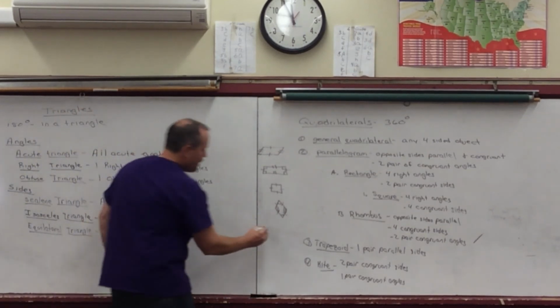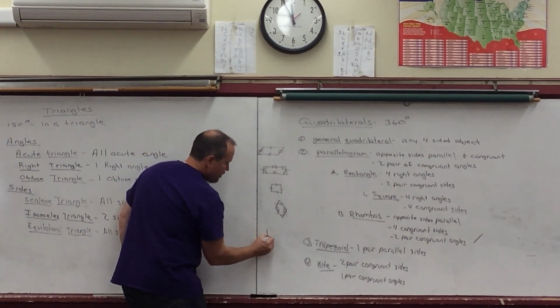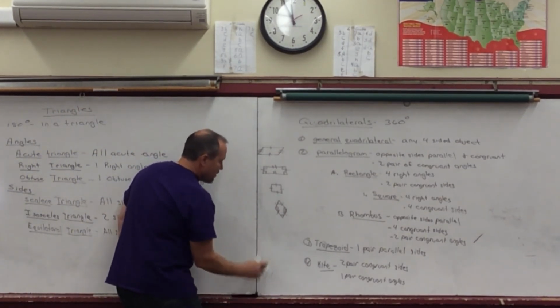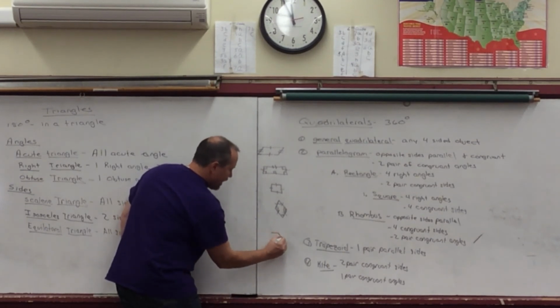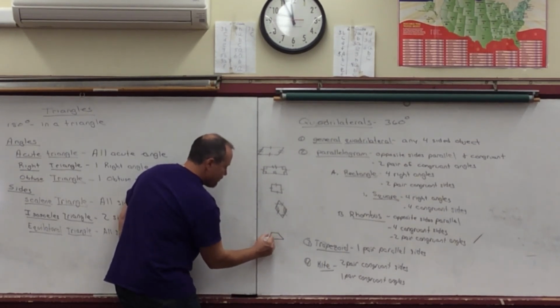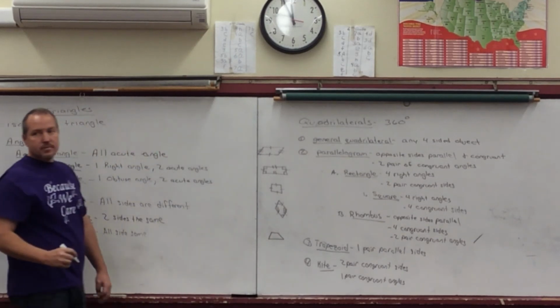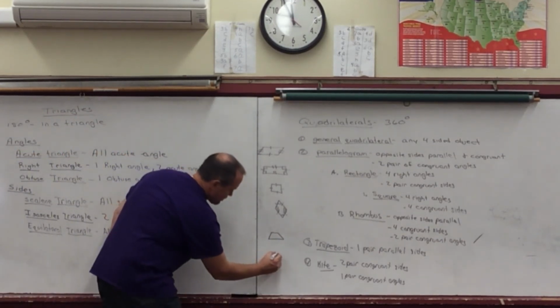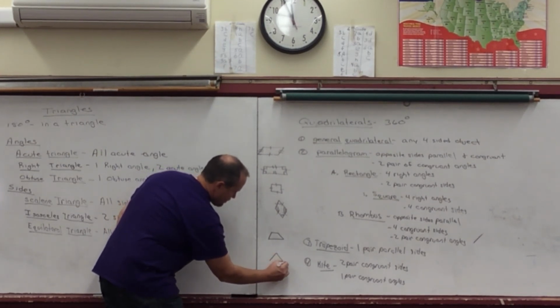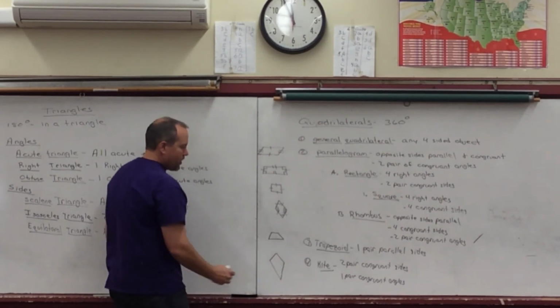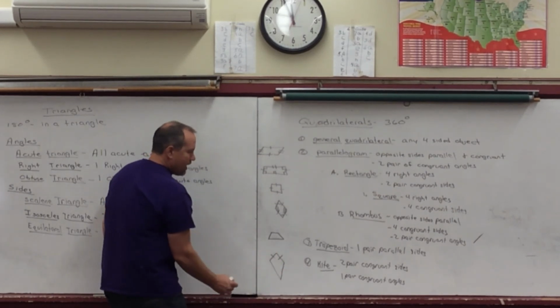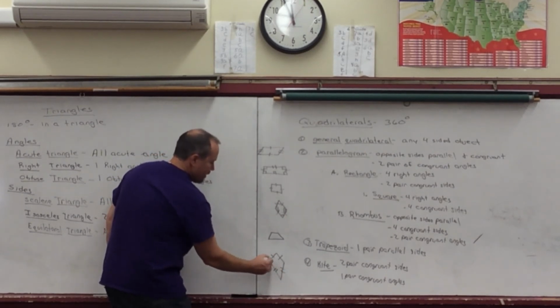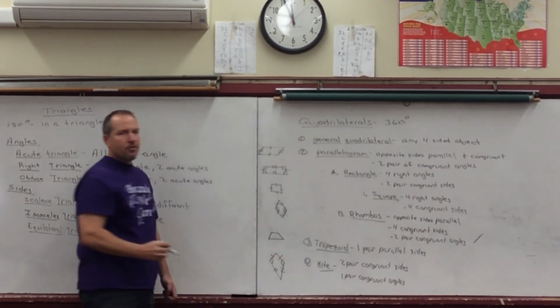Now for a trapezoid, trapezoids typically look like this whenever you see a symbol drawn for it. And then the kite, where that side is congruent to that, this side is congruent to this, and those angles are congruent.